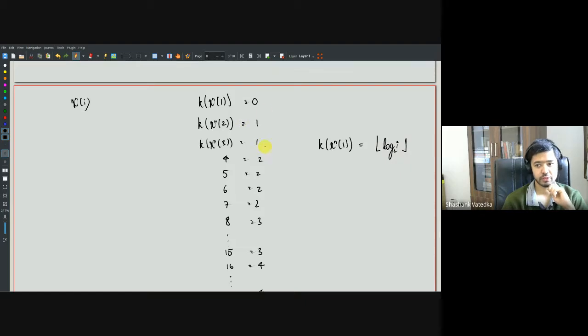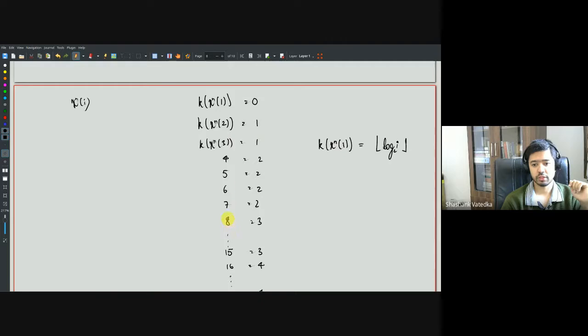Yes. If I put i equal to 1, then log 1 is 0, so k is 0. If I put 2 or 3, then log i to base 2 is going to be 1 point something, and the floor of that is going to be 1.